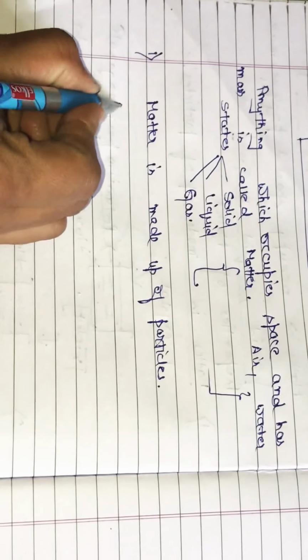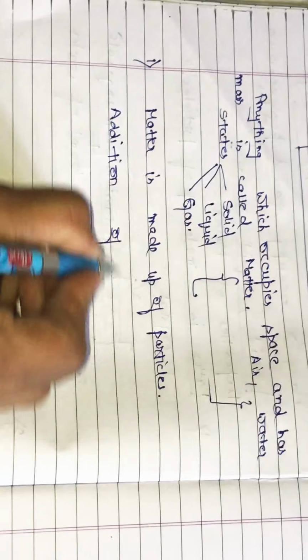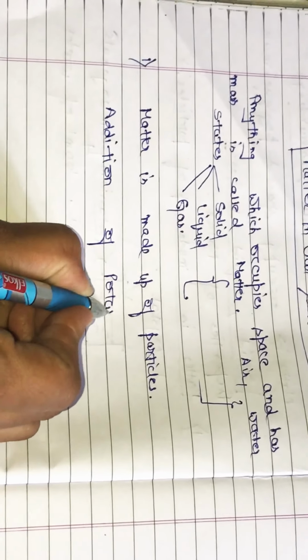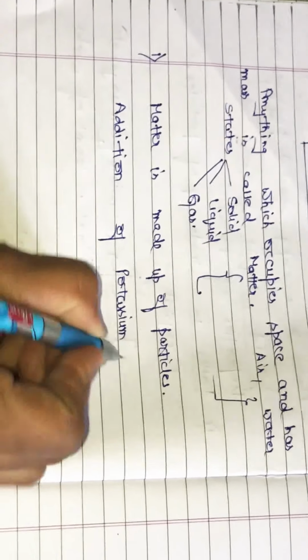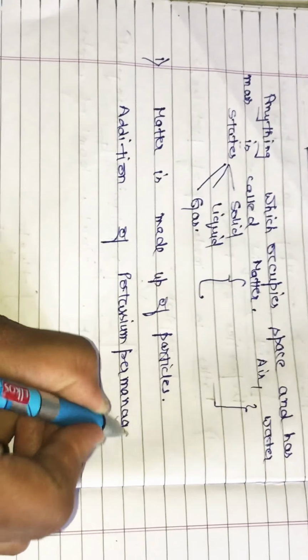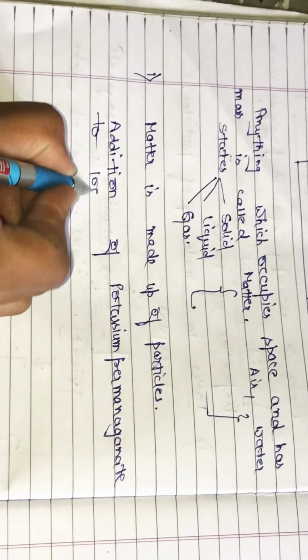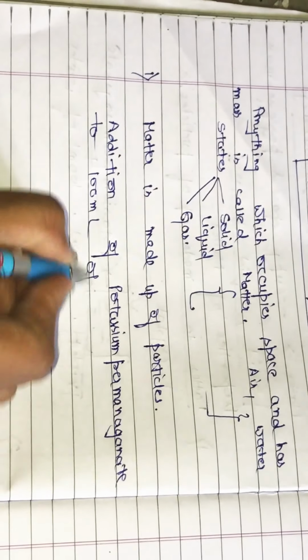The activity is the addition of potassium permanganate to 100 ml of water.